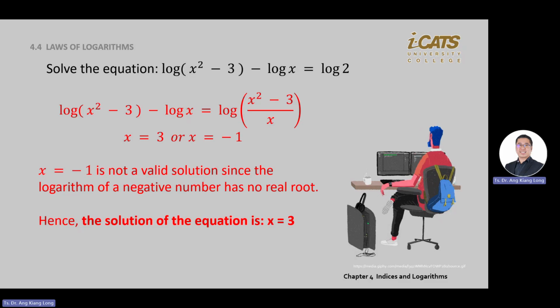So you will get in this example your solution will be x equals 3 or x equals minus 1. But remember, if you have minus something, log is not valid. Because once you have log of minus something, it becomes an imaginary number already. So you don't have real roots, which means it becomes a chapter 2 question already.